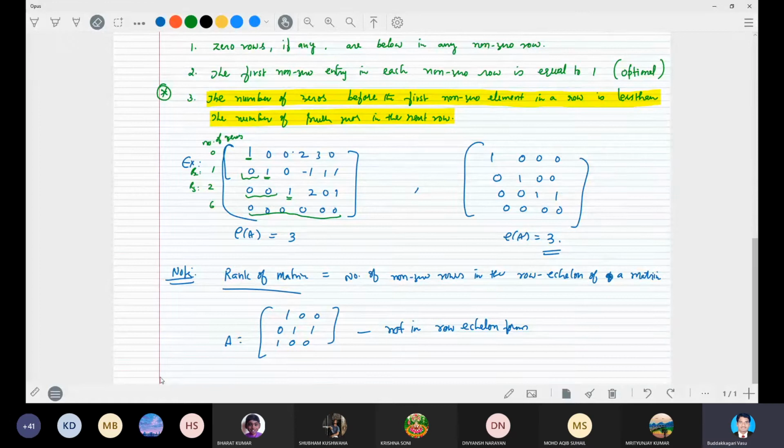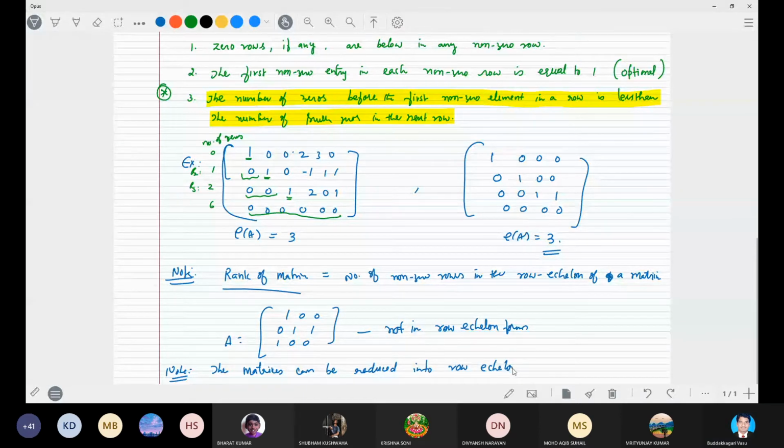Here is another note point. The matrices can be reduced into row echelon form by performing elementary row operations.